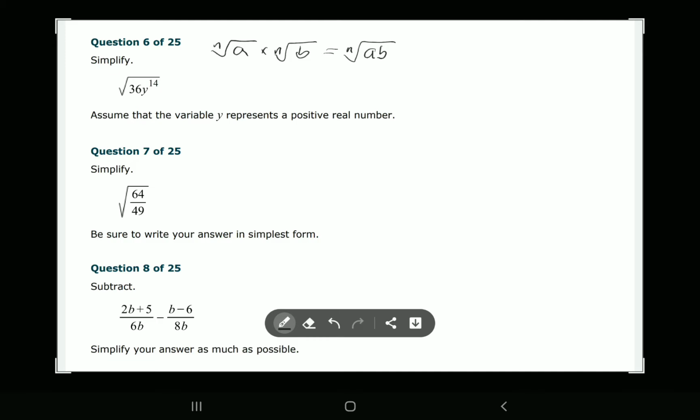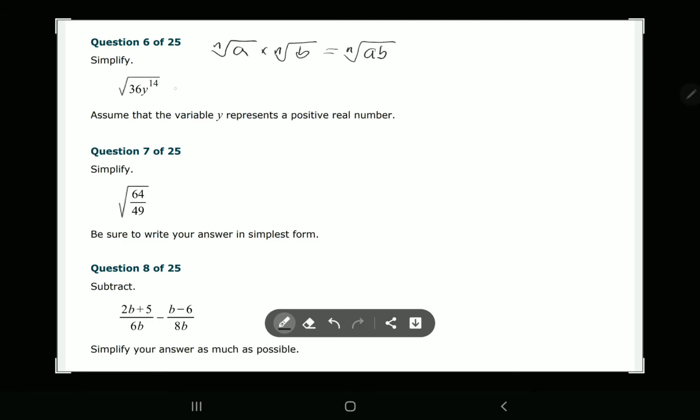And the same thing, vice versa. If we have two or more terms under the same radical being multiplied to each other, we can write that as separate radicals with separate radicands with the same index being multiplied to each other.